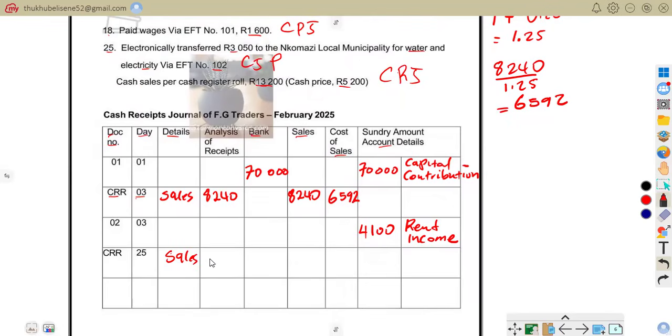That is analysis receipt, 13,200, which is going to go straight into our bank. So what was that for? It was for the sale of goods. So that is why we are to enter it in here under sales column, 13,200.